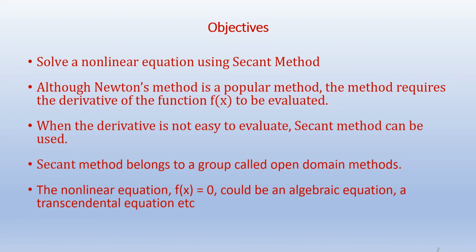Here the nonlinear equation f of x equals 0 could be an algebraic equation that consists of x, x squared and other powers of x, or it can be a transcendental equation that can contain, in addition to x and the powers of x, logarithmic, trigonometric and exponential functions.